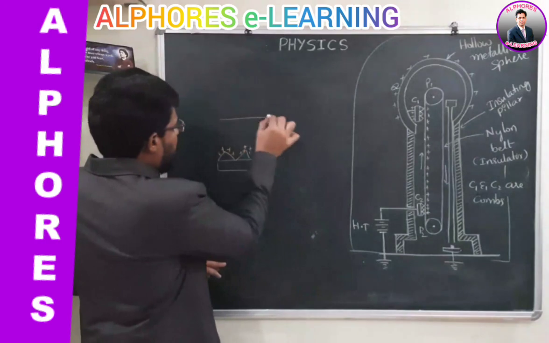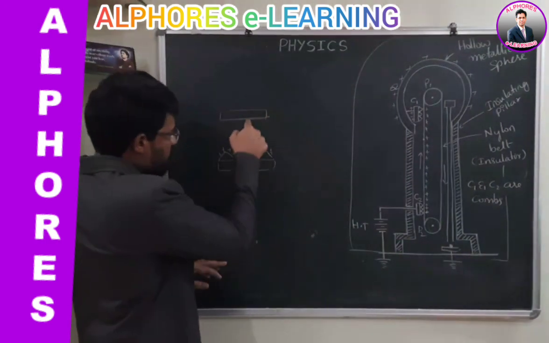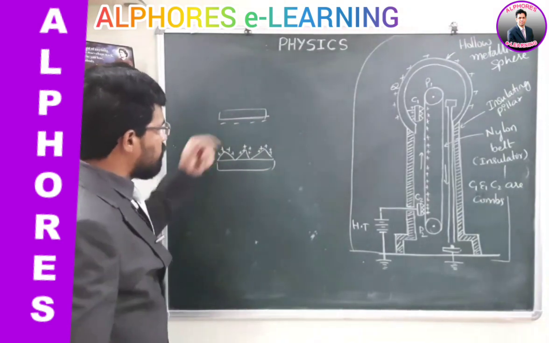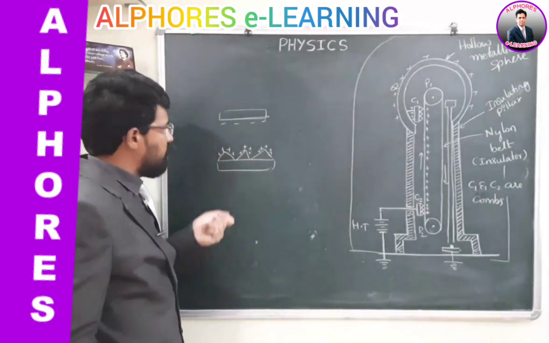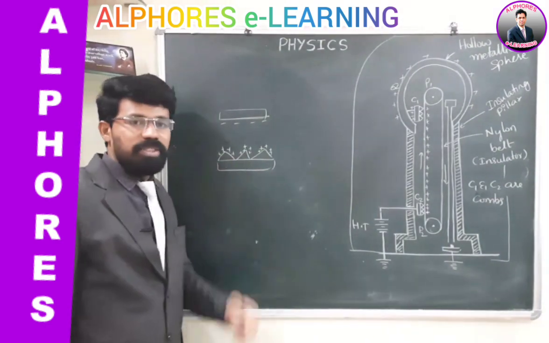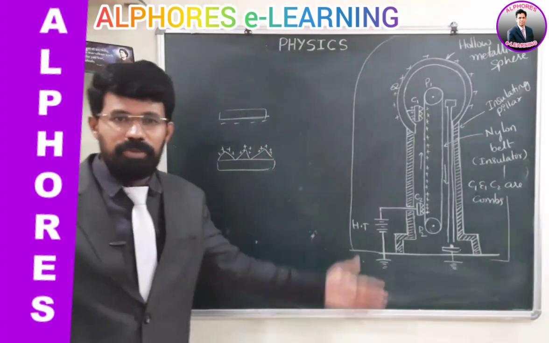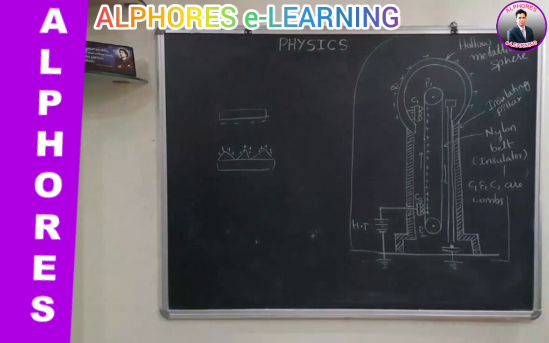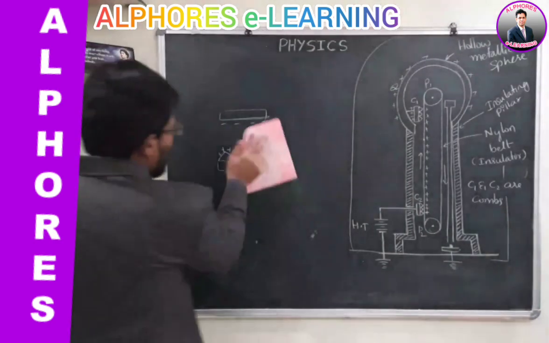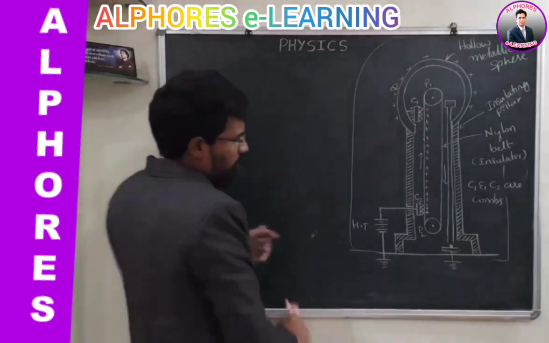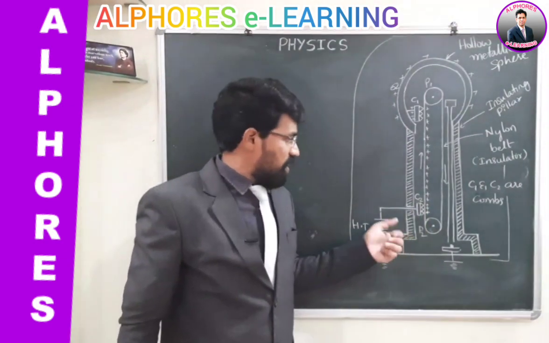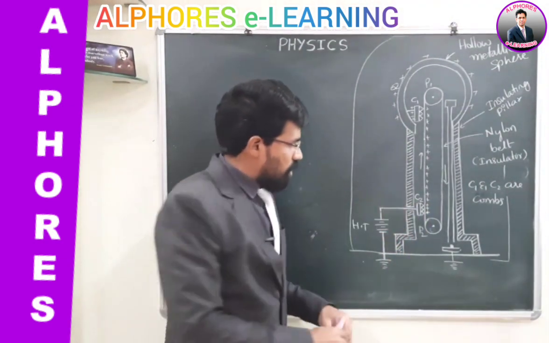For example, if you take a neutral surface very close to this one, what happens? Whatever electrons are present on this surface, on this insulating medium, can be pulled with the help of this electric field intensity. That's what we discussed earlier. Now, what is going to happen here? These sharp edges have a huge electric field intensity in their vicinity, and it pulls electrons.